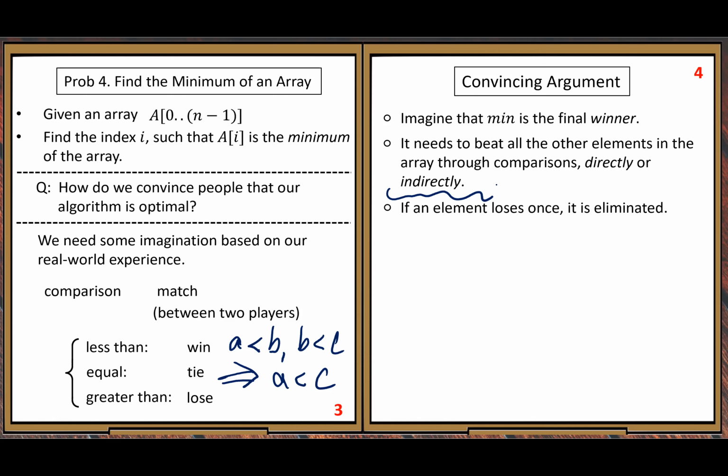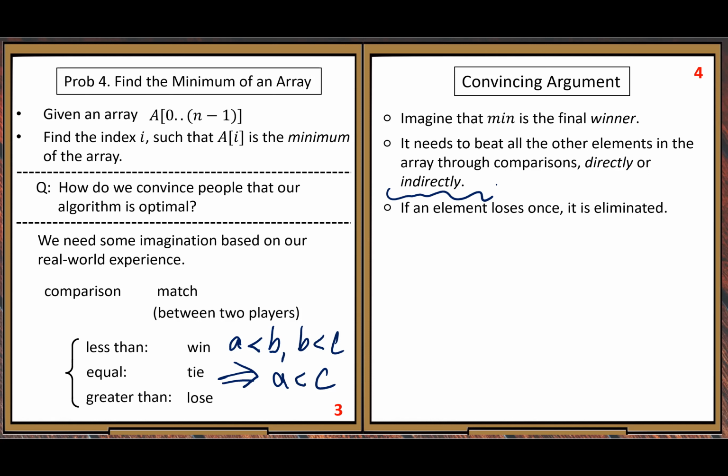We don't want to find the runner-up, second, third, fourth. We only want to find the absolute winner. So if a player loses once, we eliminate it, because in this way, we can reduce the cost.